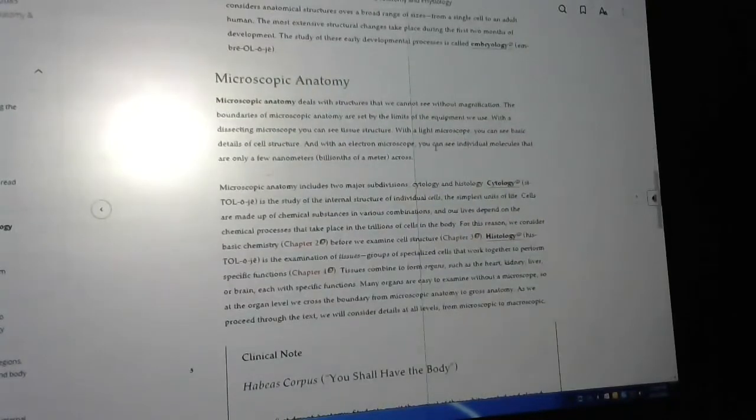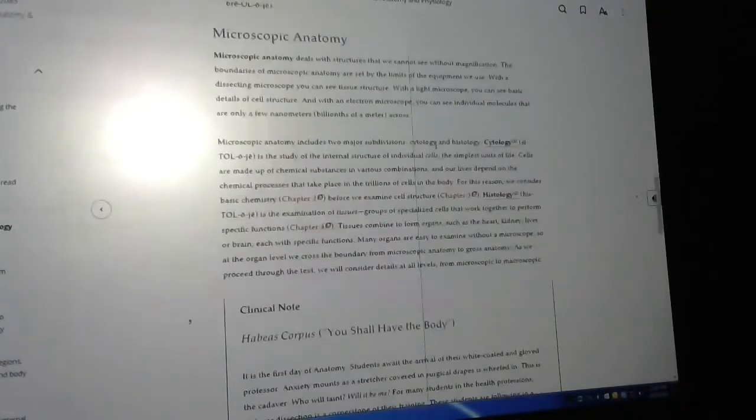Microscopic anatomy deals with the structures that we cannot see without magnification. In the school here, we have light microscopes that can magnify up to 400 times. At that point, we can see most of the trillions of cells, probably all of them. We can see a nucleus, but we can't really see the stuff inside the cells very well.